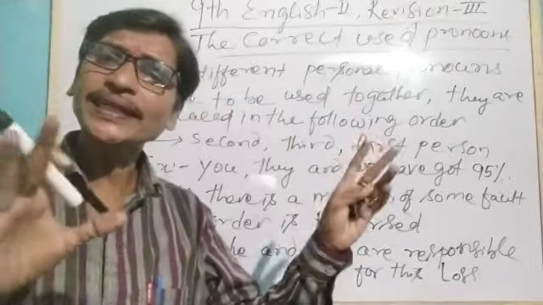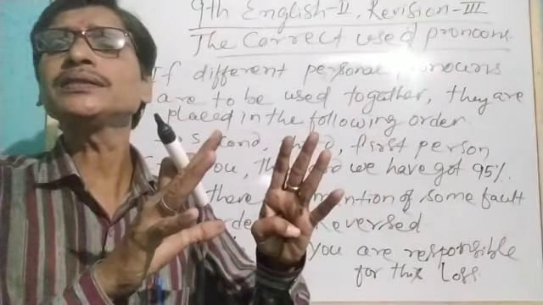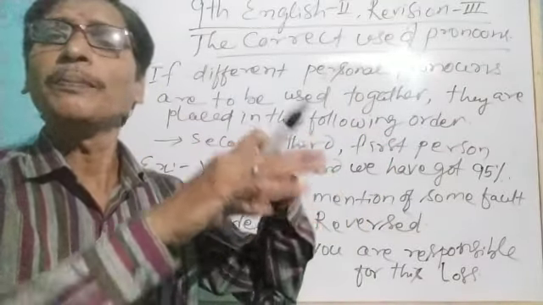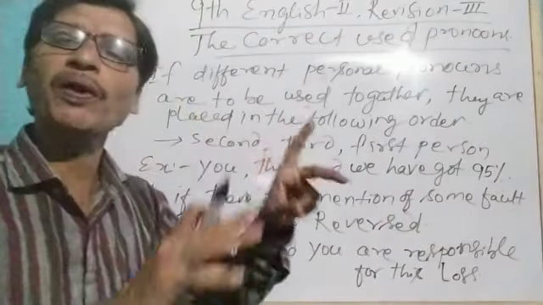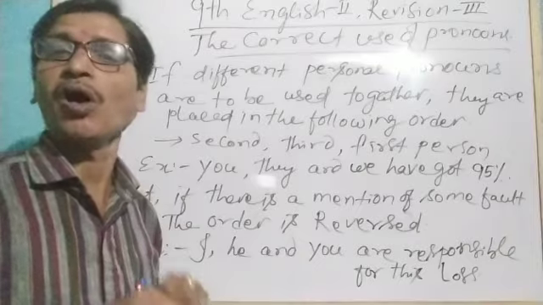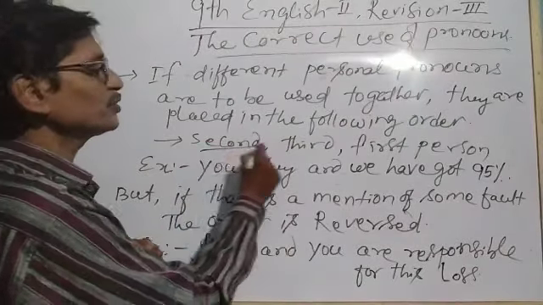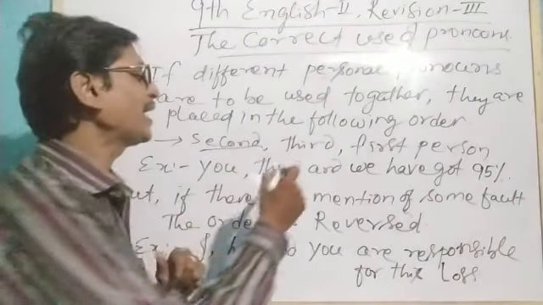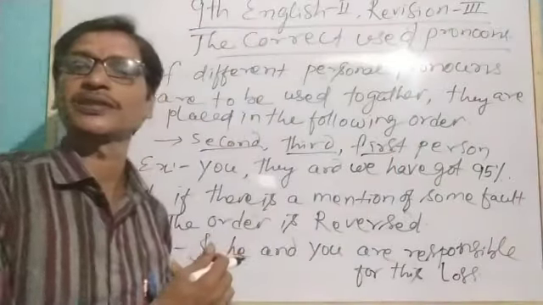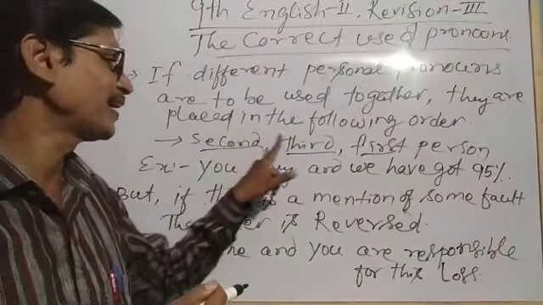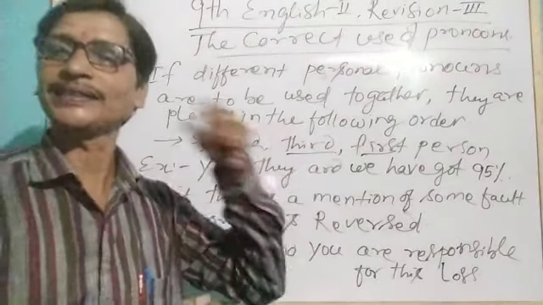If in one sentence more than two personal pronouns have been used together, then we have to follow a certain order. Order is what? First we have to use the second person, then the third person, then comes the first person. First second, then third, then first person comes.